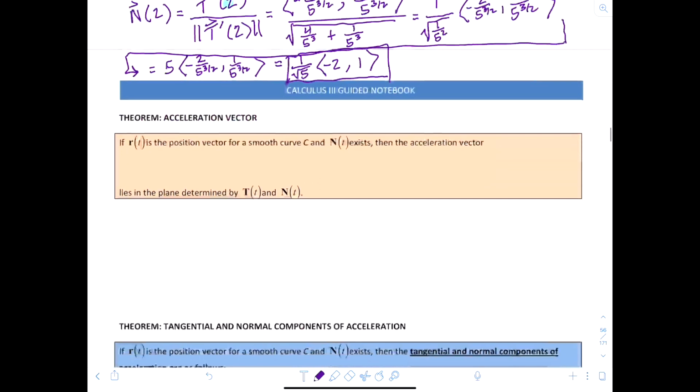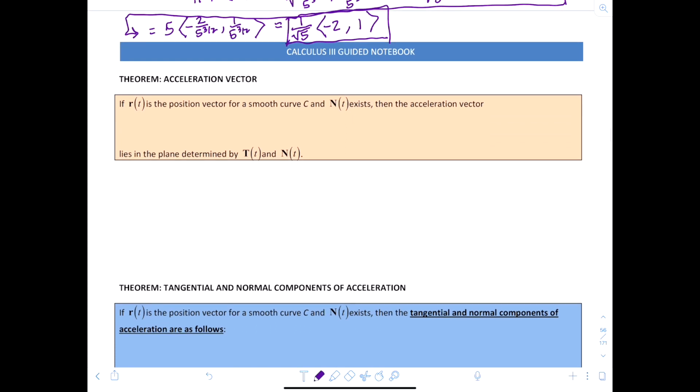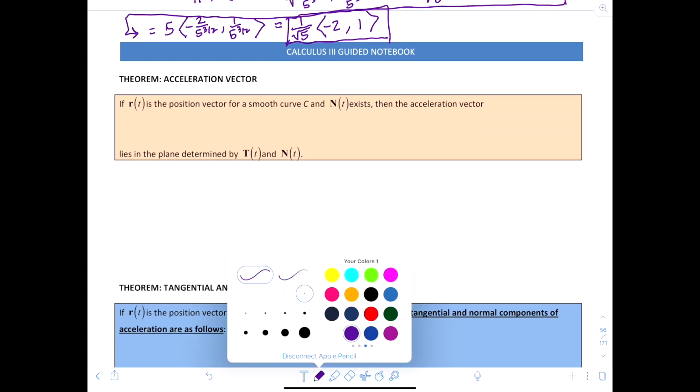Probably not. All right, so here we go. The acceleration vector.